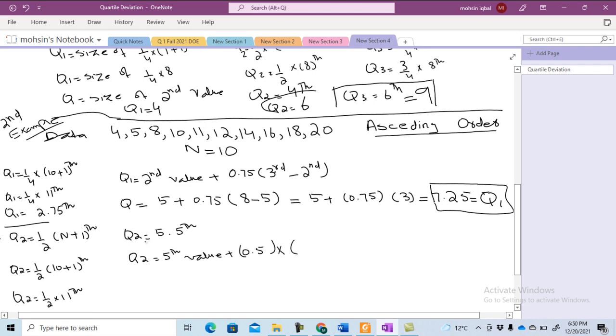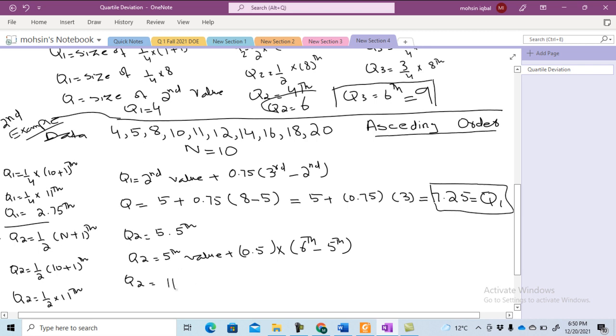Look here, Q2 is greater than 5 but less than 6, and it is in the middle of both. So I will take the difference of the sixth observation minus the fifth observation. Q2 will be equal to the fifth value. The fifth value in this data is 11, counting 1, 2, 3, 4, 5.